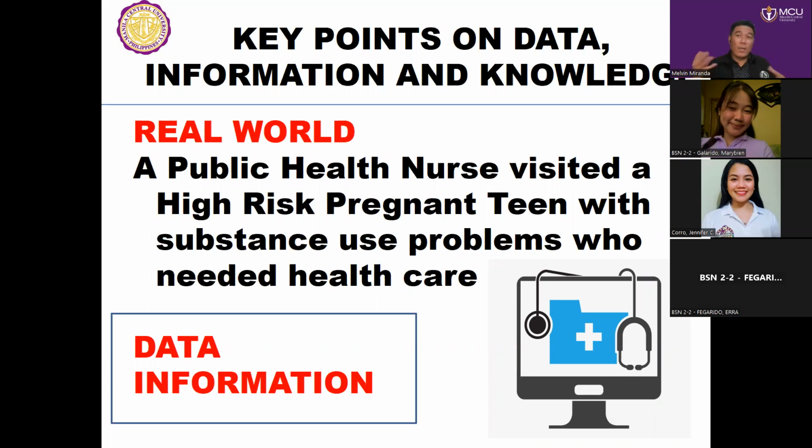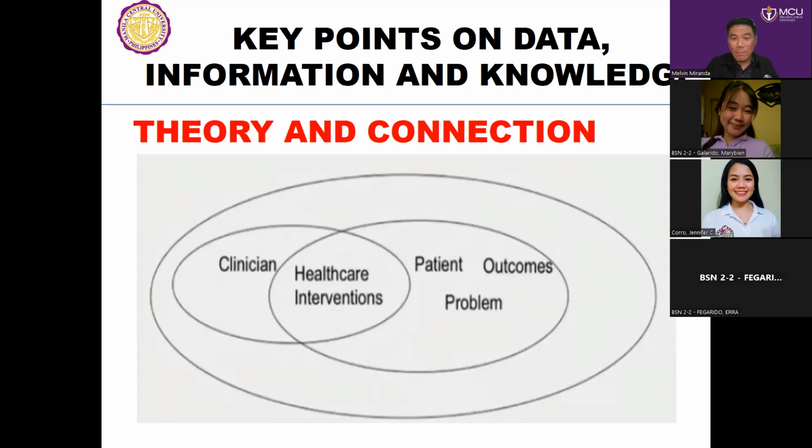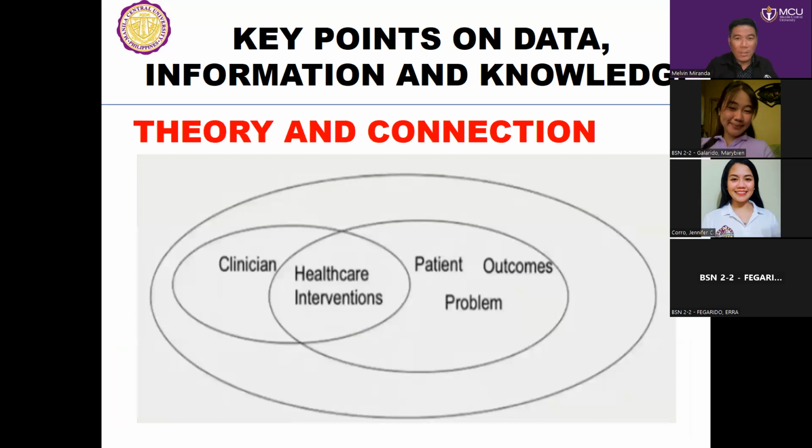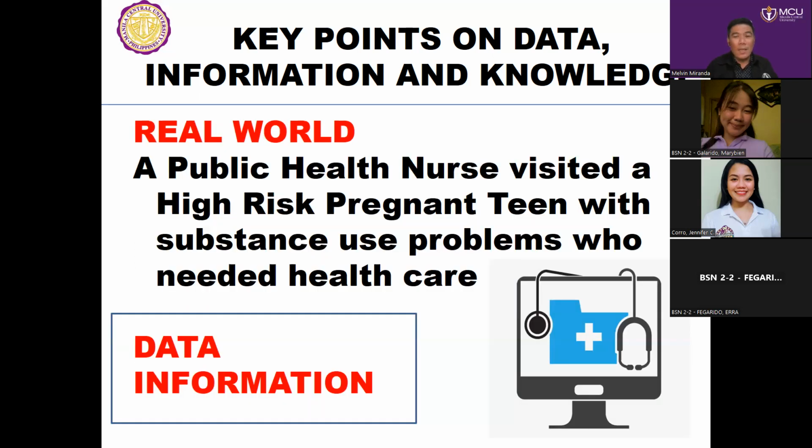So we are just applying the principle of theory and connection. If we are referring to the patient, the patient is the high-risk pregnant teen. The substance use problem is the identified health problem. If we go back, that is the problem, and the needed health care is what we are referring to as the intervention.